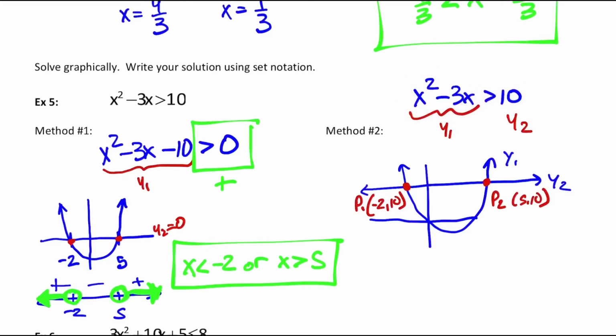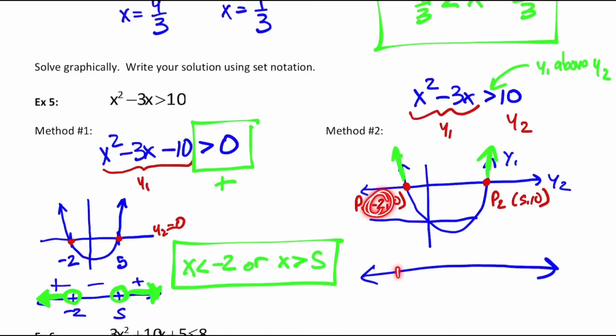Well, greater than means above. So I'm looking where y1 is above y2. So here's y1 above y2. It's this piece here. And this piece is above y2. It's that piece. So now I have to make a number line from that. You're just going to use your x value, so negative 2, which is going to be the same as over here, obviously, and 5 goes there.